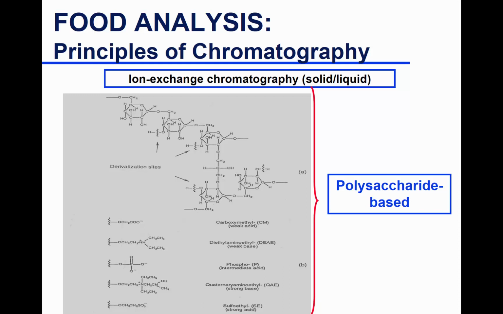Polysaccharide base, which is most common, is a polymer from polysaccharides, and what happens here is that one of the OH groups on the carbohydrate moiety is derivatized.